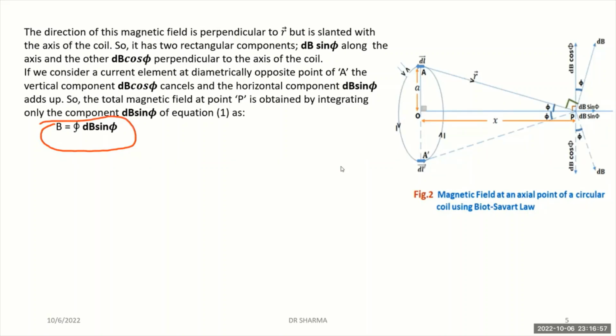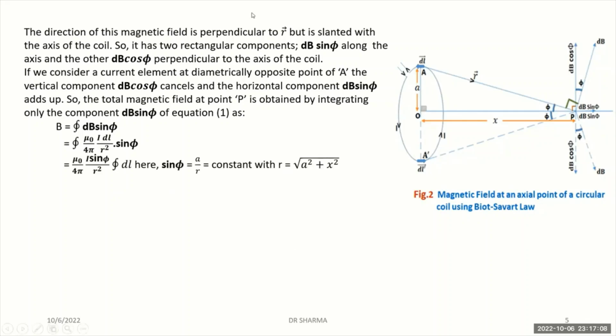Now substitute the value of dB from the above equation. Mu naught by 4 pi is constant, current is constant, sin phi is constant, because sin phi is equal to a upon r. a is the radius and r here is constant because it is symmetric about the axis, so its value does not change throughout the circumference of the circle.